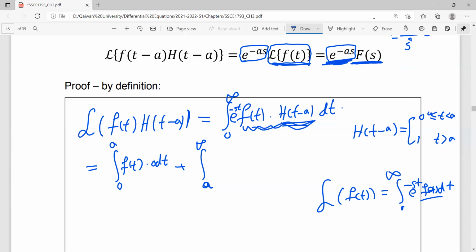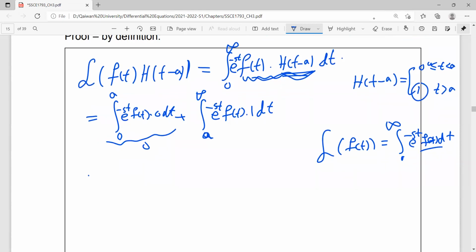And here also we have e to the power minus st f of t times 0 dt plus the integration from a to infinity e to the power minus st f of t multiplying by 1. Here h of t minus a is 1 dt. This is 0 because it's multiplied by 0. It equals the integration from a to infinity for e to the power minus st f of t dt.